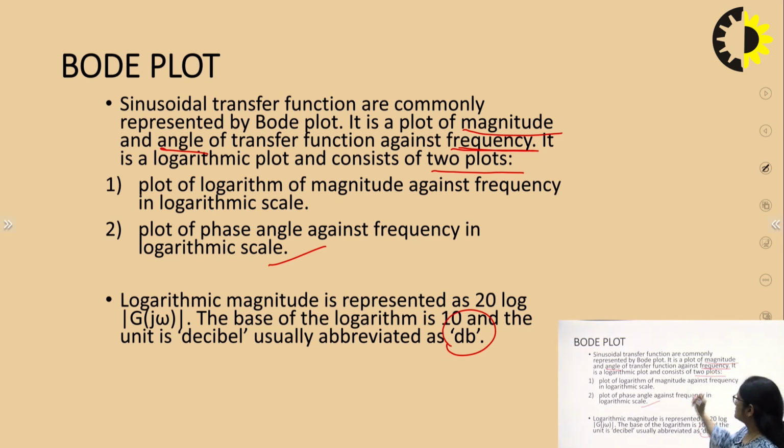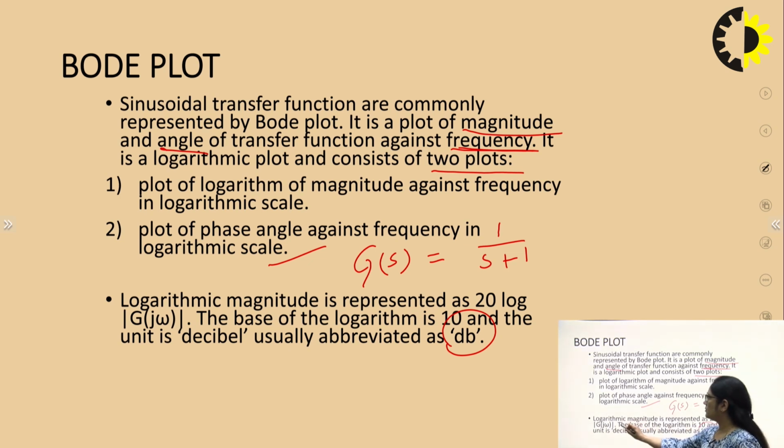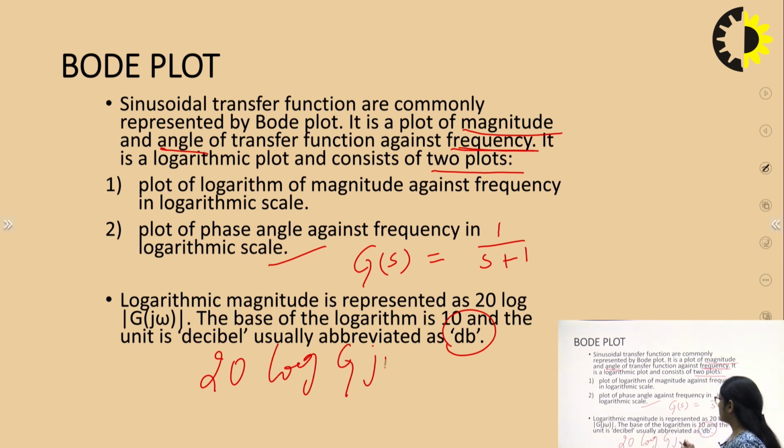So, if we have a simple example like G(s) = 1/(s+1), this is the transfer function given in the s domain. The logarithmic magnitude is represented as 20 log |G(jω)|.